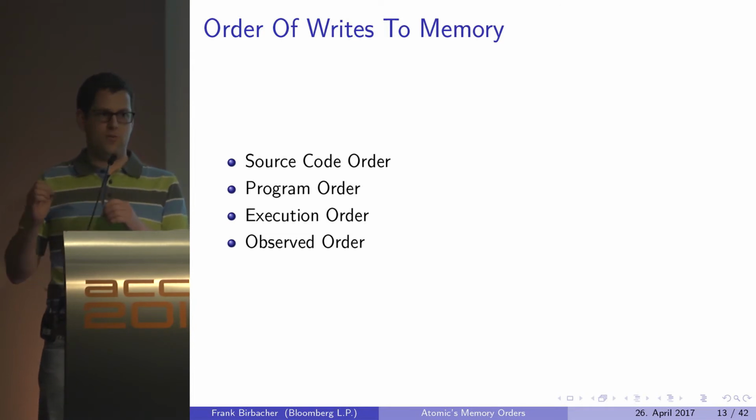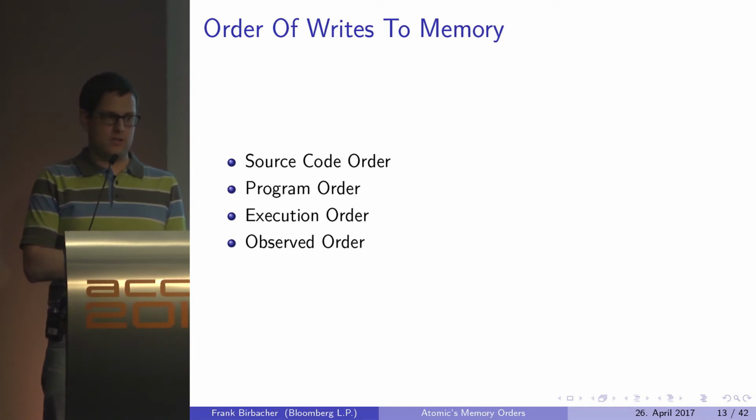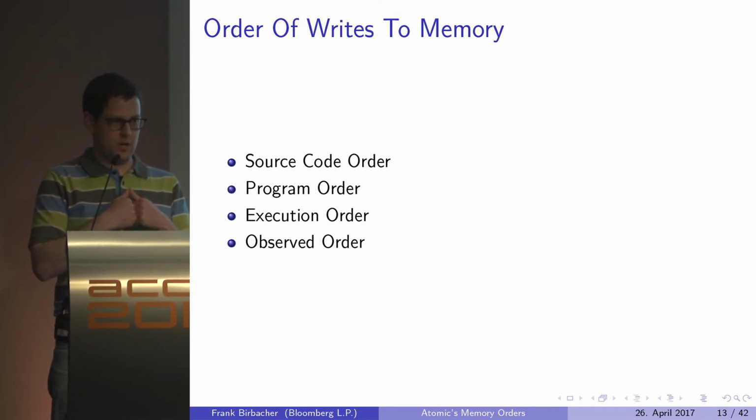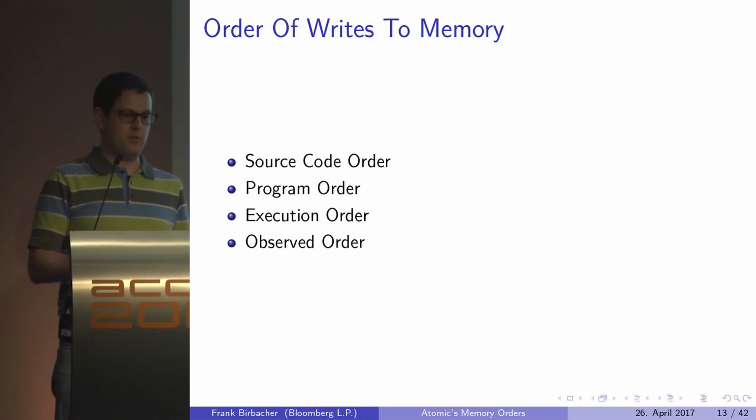They will issue writes to memory, and then the memory system might still distribute this information across the whole system, among the other cores, among the other threads, and each of them can observe the writes in their particular order, forming the observed order for each one of them.